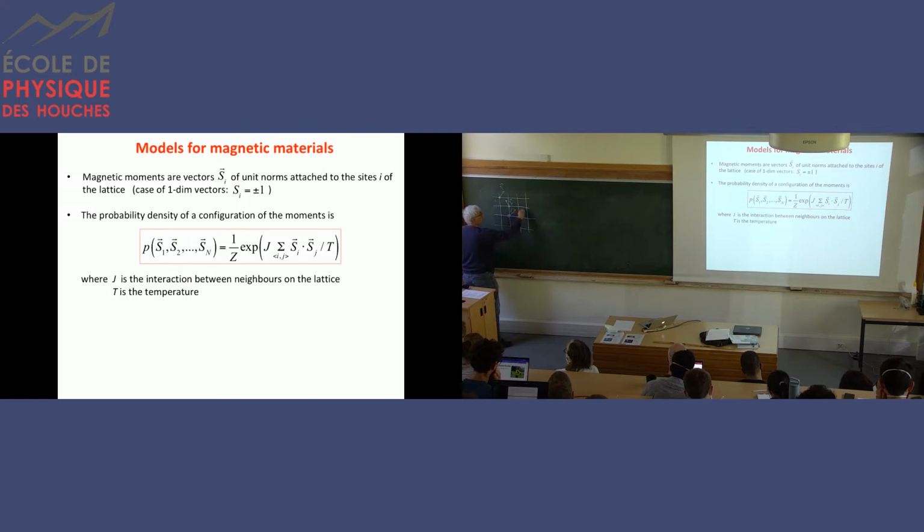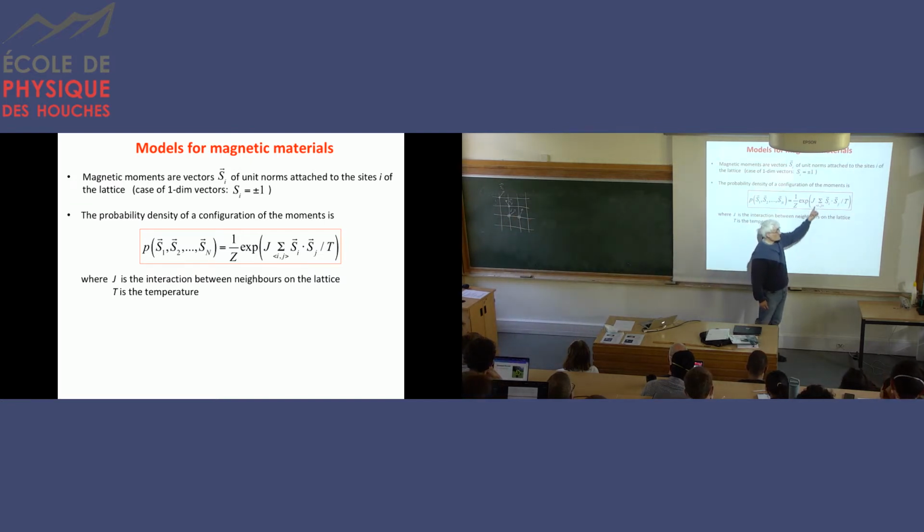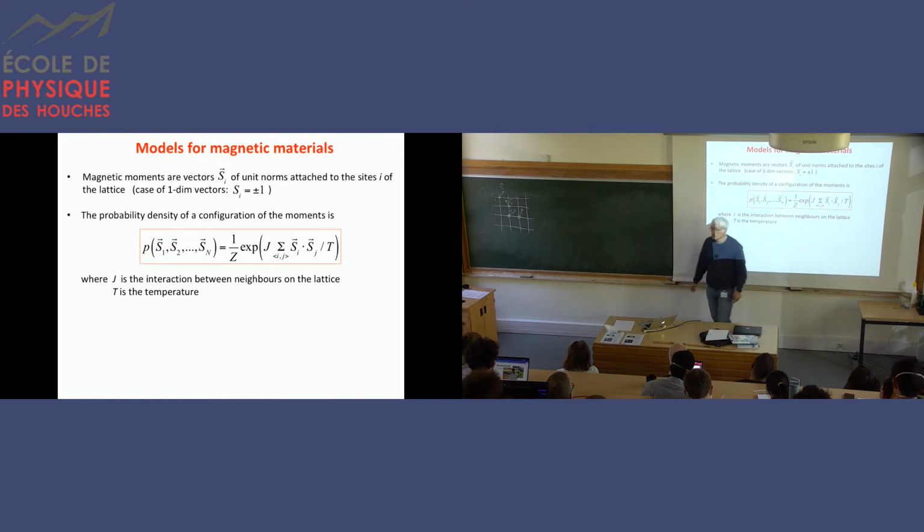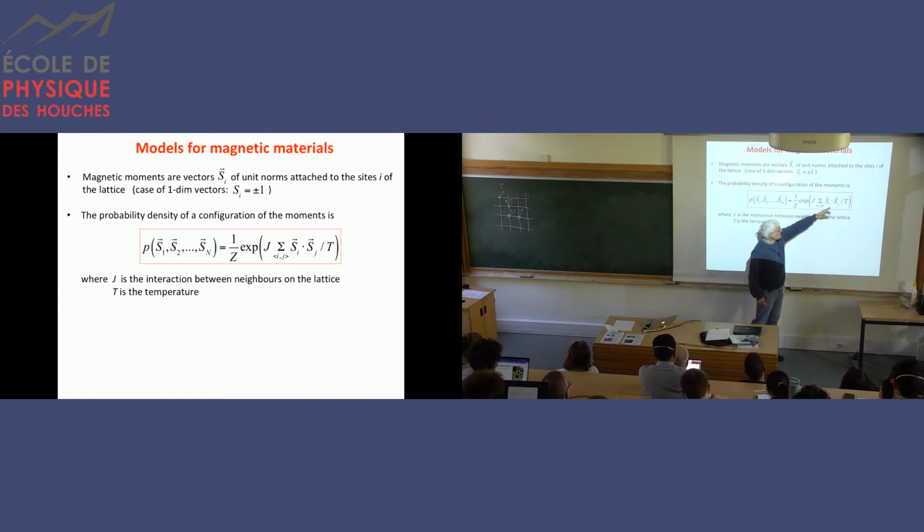Then I compute the dot product, the scalar product, between the two attached vectors, that's Si dot Sj. And I sum this over all pairs. The probability is just proportional to the exponential of this sum times some proportionality coefficient, which is J, called the interaction constant, divided by T, which is the temperature.